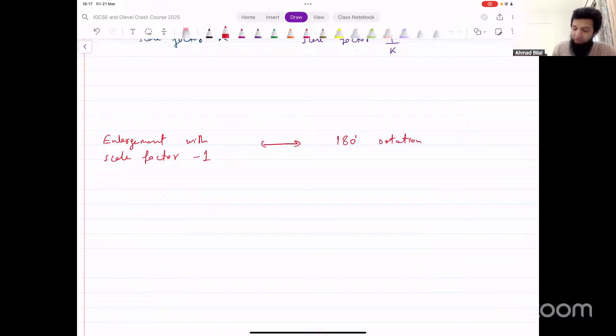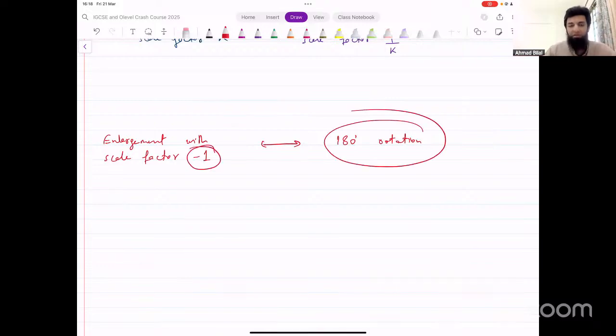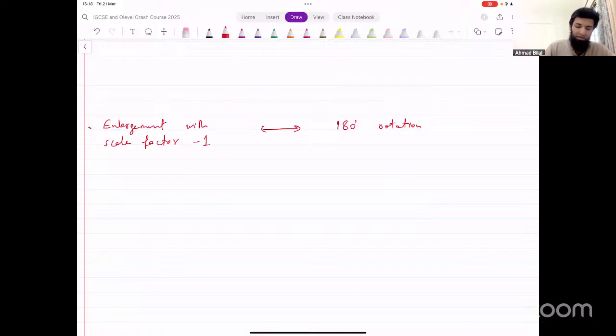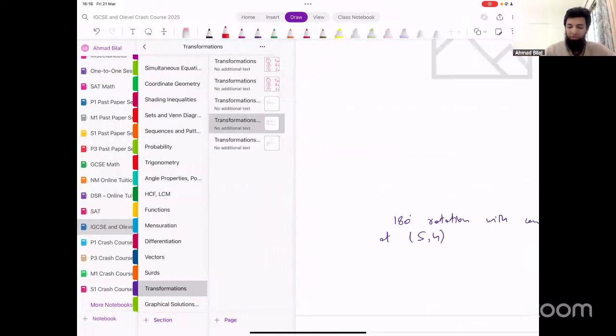These two are always equivalent, given that the center of enlargement and the center of rotation are both the same. Okay, so centers should be the same. Whatever is the center of enlargement, it should be the same as the center of rotation. When that condition is met, an enlargement with scale factor -1 is equivalent to a 180 degrees rotation. These two are same transformations. Okay, now that's an important result that you should keep in mind. Enlargement with scale factor -1 and 180 degrees rotation, they are both going to be the same thing.